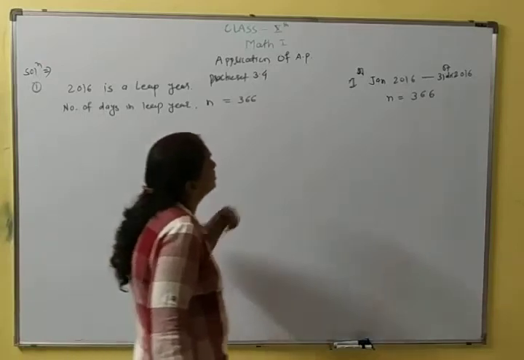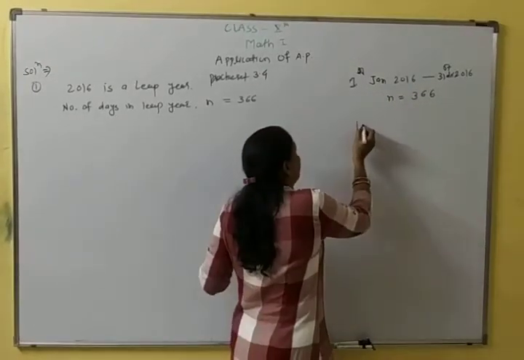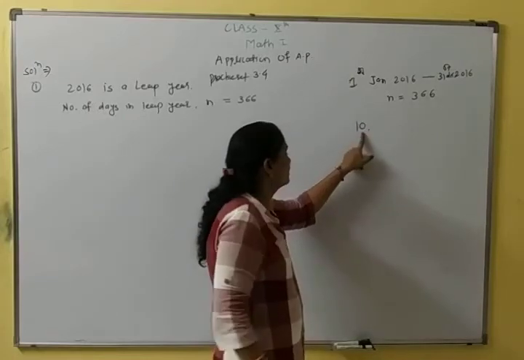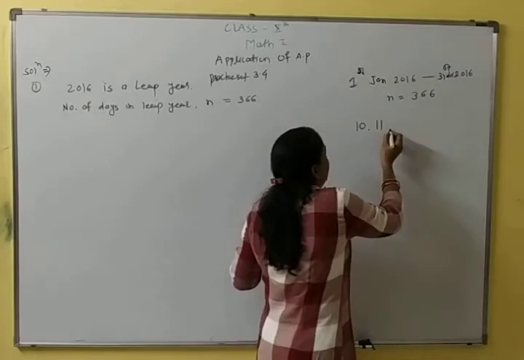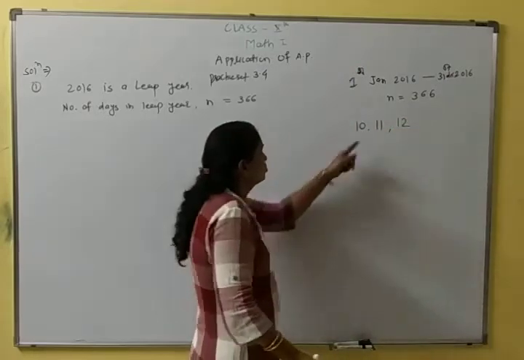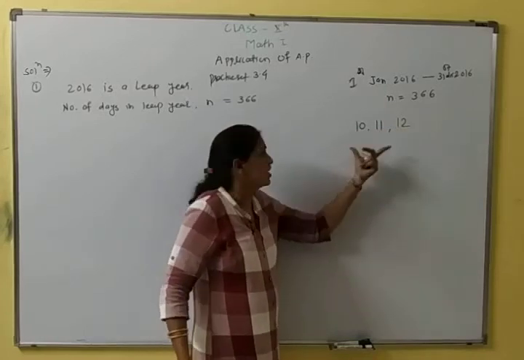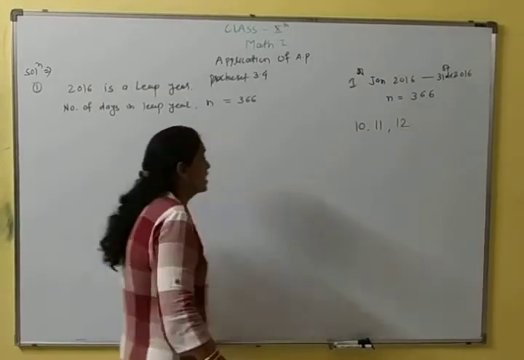So on 1st January 2016, Sanika saves rupees 10. First day she saves rupees 10, on the second day she saves rupees 11, and on the third day she saves rupees 12, and so on. So this is an AP. 10, 11, 12, here the difference is 1. So this sequence is an AP.